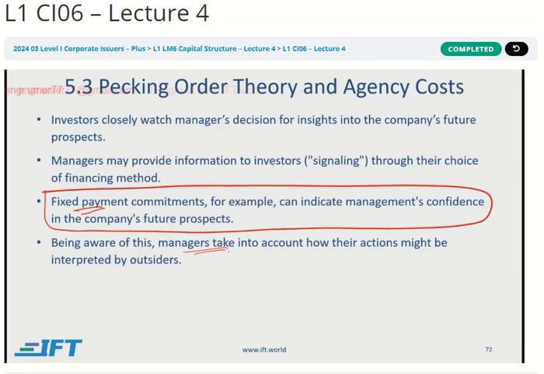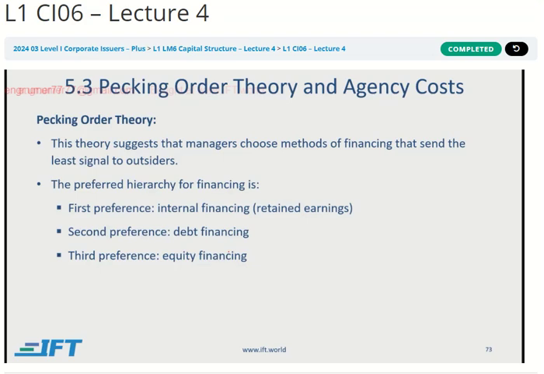So that's why we come to the pecking order theory, which gives the third priority to equity financing, second priority to debt financing, and first priority to internal financing, which means using your own business's profits and cash flows to fund your business expansion.